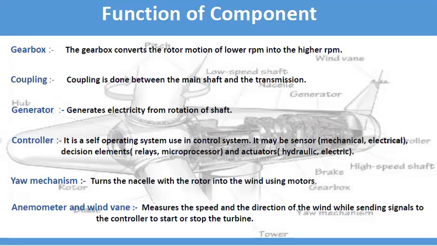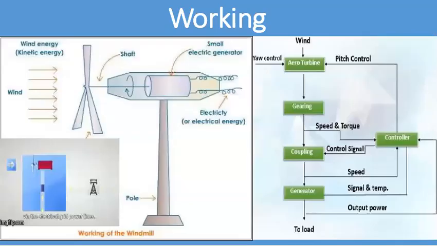And coming to the yaw mechanism, it turns the nacelle with the rotor into the wind using motors. So the anemometer and wind vane measure the speed and the direction of the wind while sending signals to the controller to start or stop the turbine.